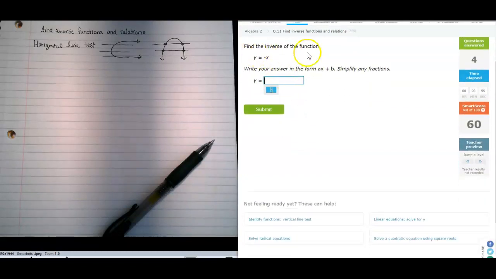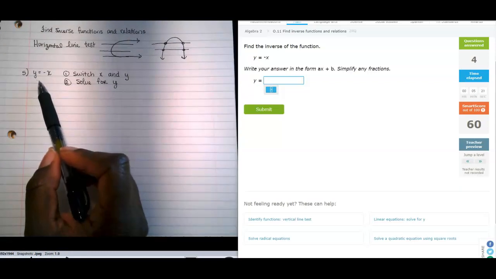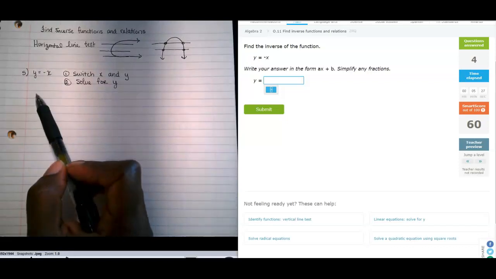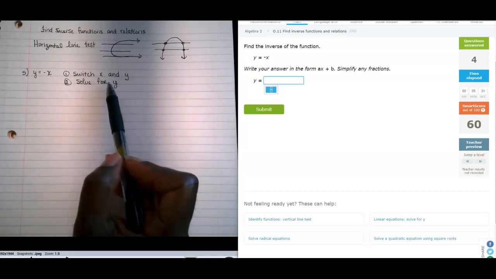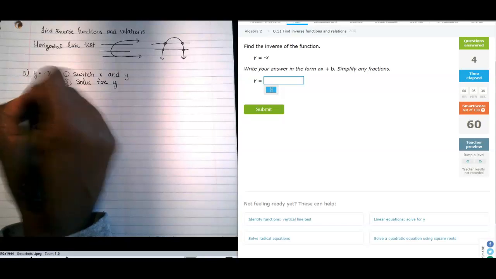Now, find the inverse of a function. Write your answer in the form of ax plus b, simplifying any fractions. Let's see how we would do that. If you go back in your mind to when we were talking about inverses at the beginning, we talked about how to find the inverse of an equation. What we did was first switch the x and the y and then solve for y. So I'm going to put my x here in front of the equal sign.